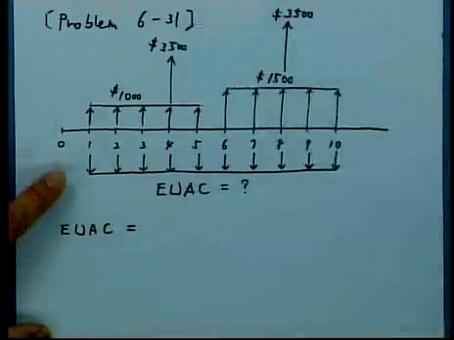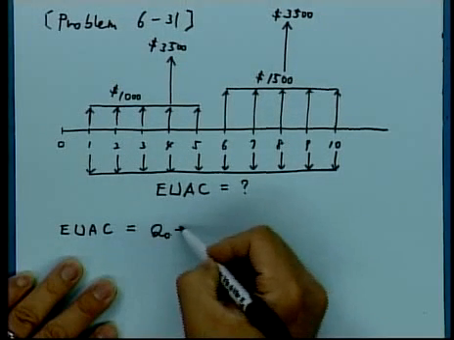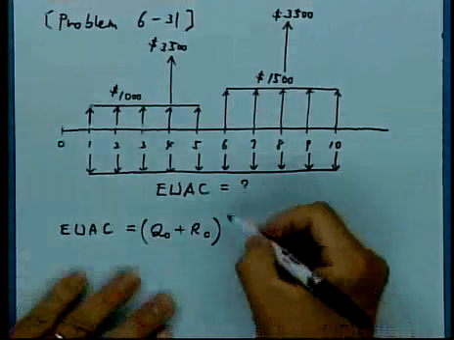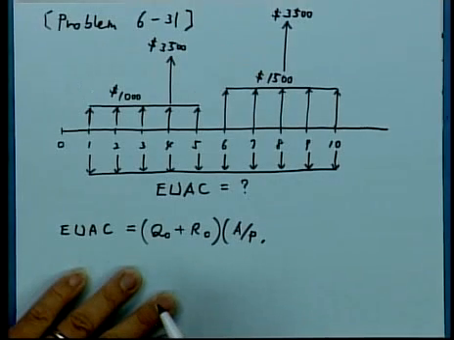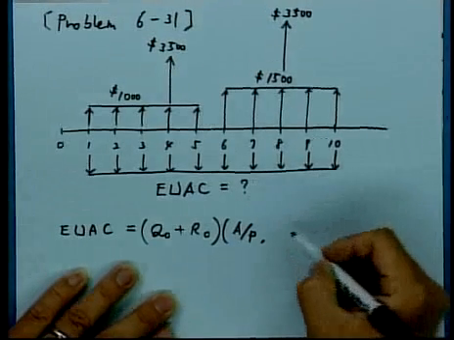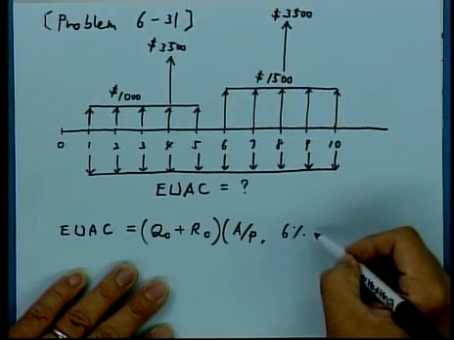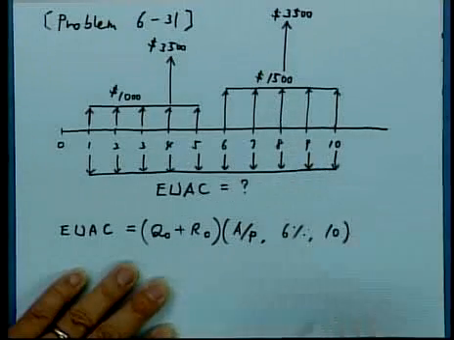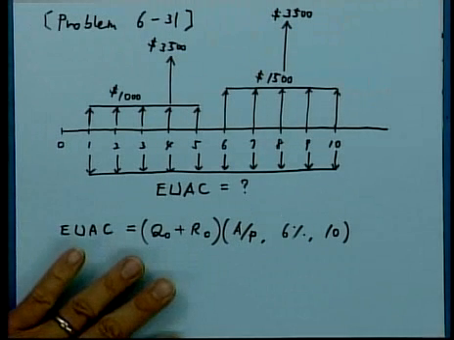Okay, so once you get Q0 and R0, you need to combine them together and then convert it to the equivalent uniform annual cost. So you need to multiply by A given P at 6% interest rate over the 10 years. Okay, so that's what you're going to do now.